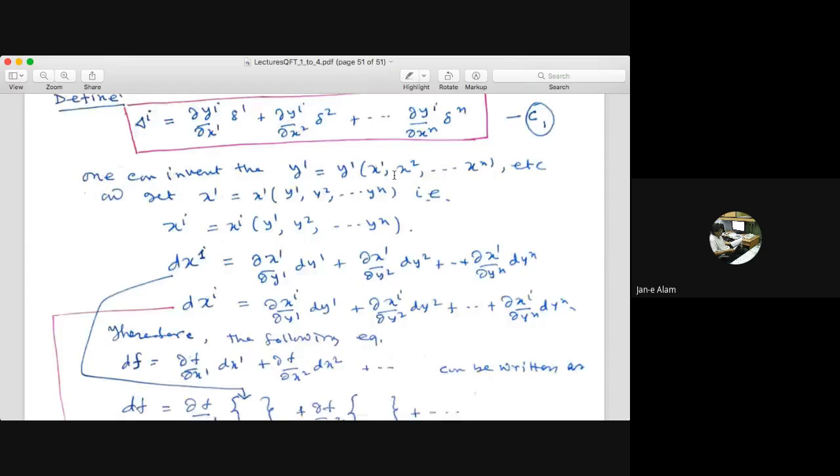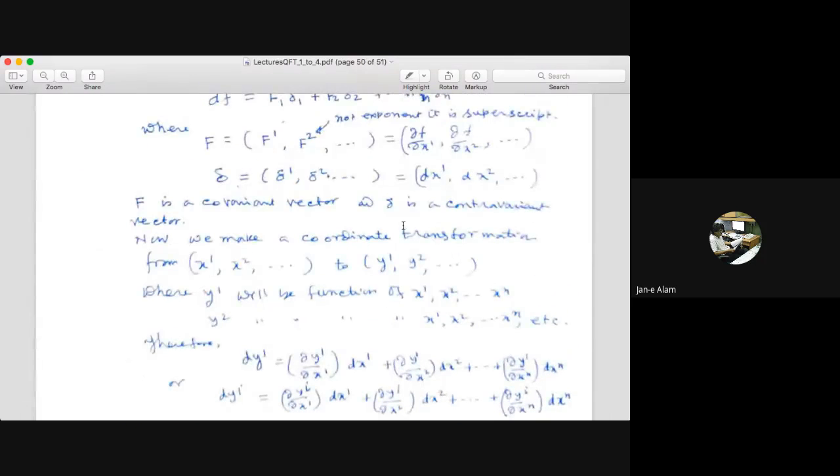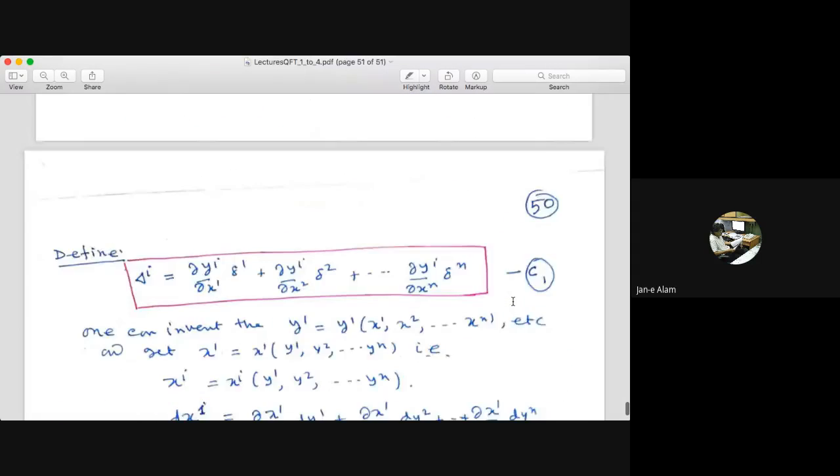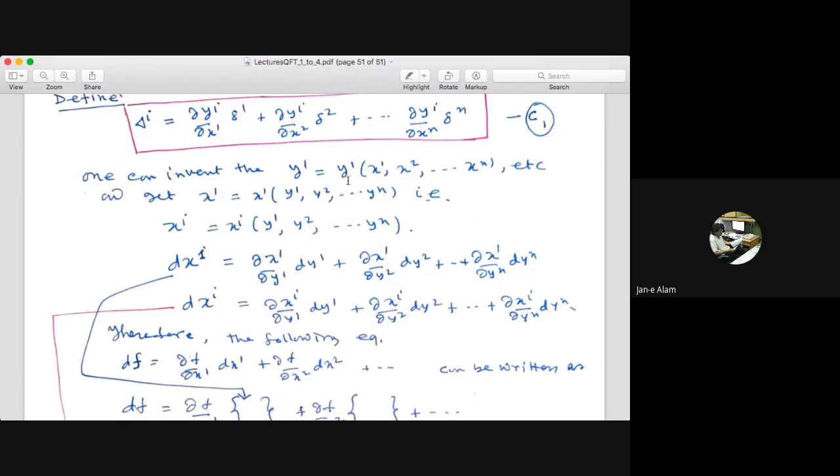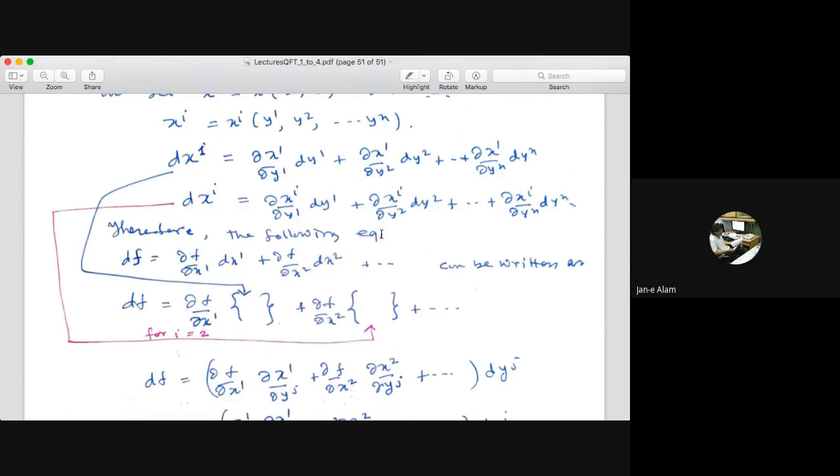What I did earlier was write y1 as a function of all the x variables, x1 up to xn, and what I am doing here is writing x1 in terms of the y variables. Similarly, you can write dx1 as ∂x1/∂y1 dy1 and so on. You can just check that you can write dxi in this particular fashion.